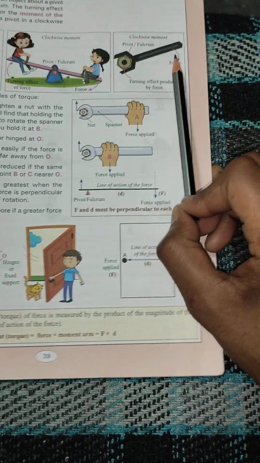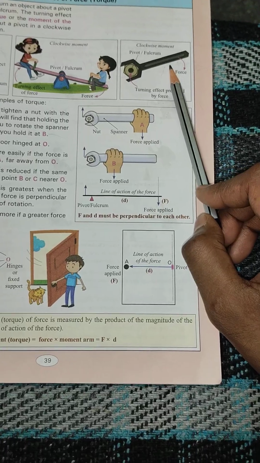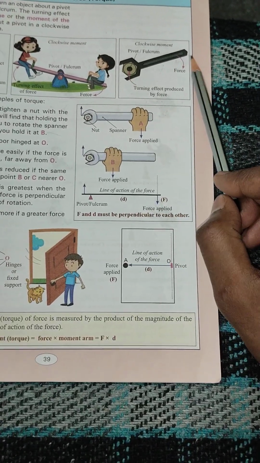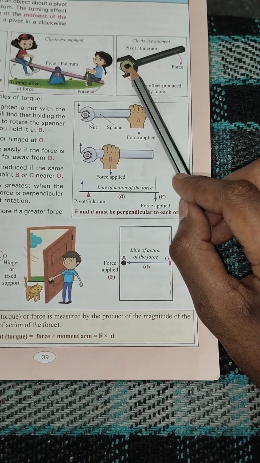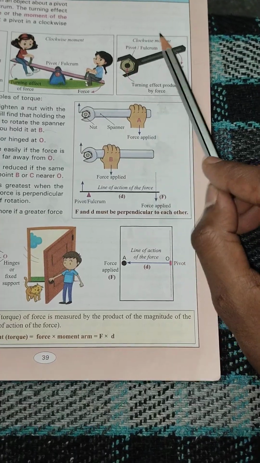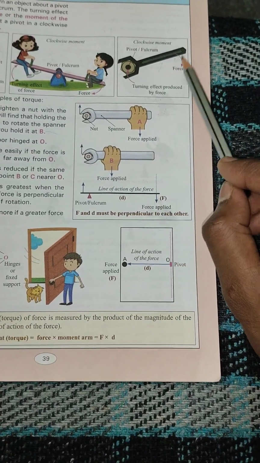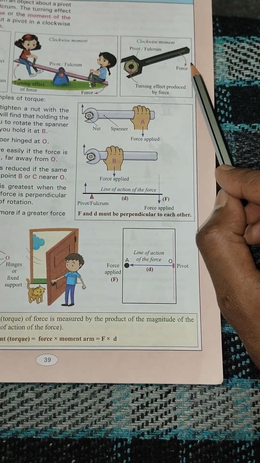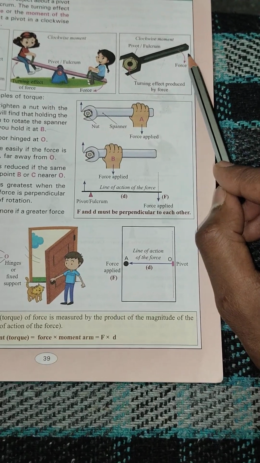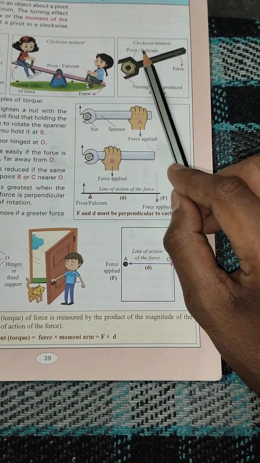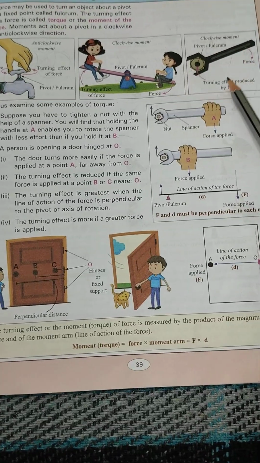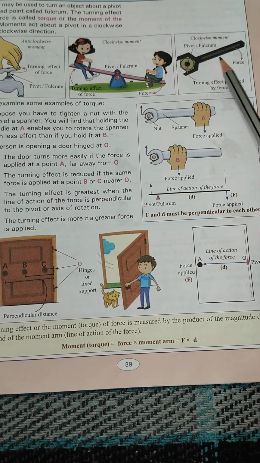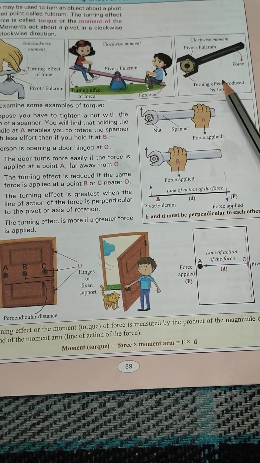Now if we take the example of the spanner, this is the longer handle, this is the load, and this is the fulcrum point. When force is applied, the arrow here indicates the downward direction of the effort force. In this case it produces a clockwise moment.